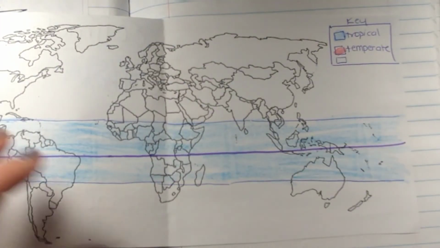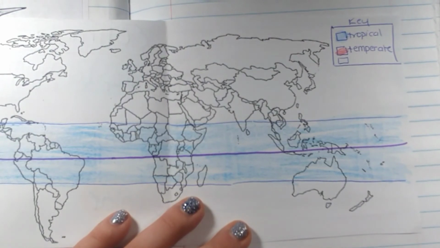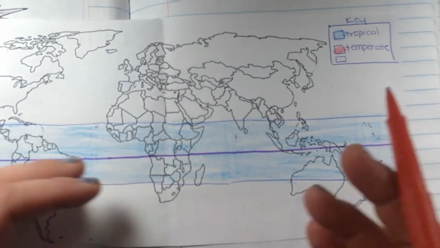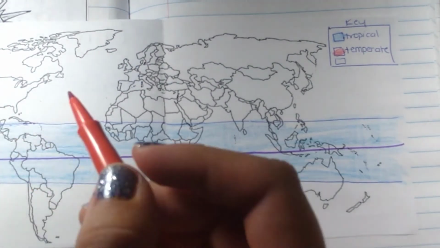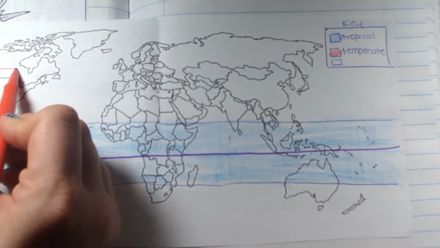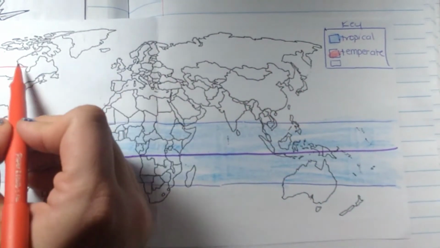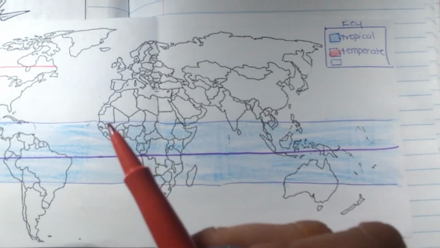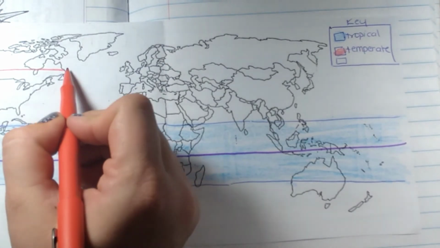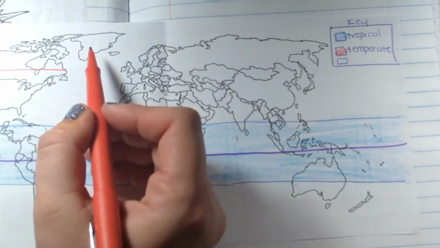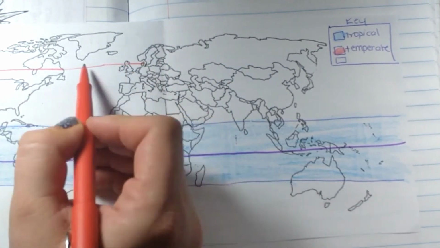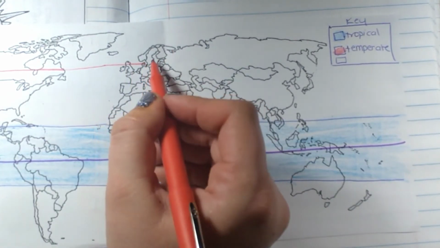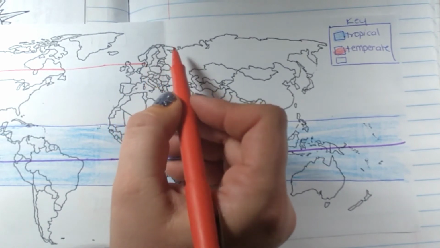So we're going to find where that goes. That goes all the way up to just below Alaska, through Canada, all the way to the south of, let's see, I think I went a little bit too low there.